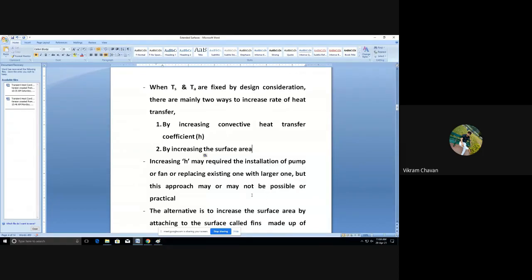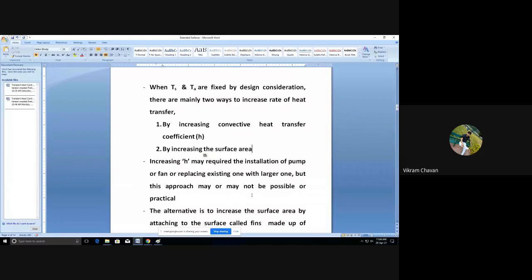Okay, in some applications pumps and fans are initially installed. Let us take the example of your PC. In that, a fan is there to extract the heat from the heating equipment present in the PC. So if you want to increase the heat transfer rate in that case, you have to replace the existing fan with a larger one, or a higher capacity fan.